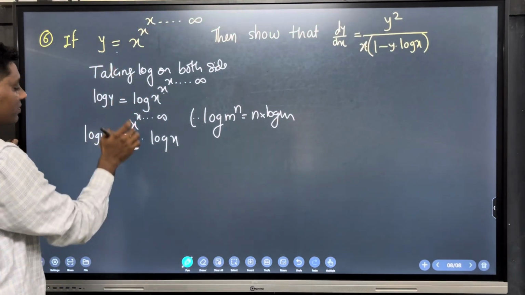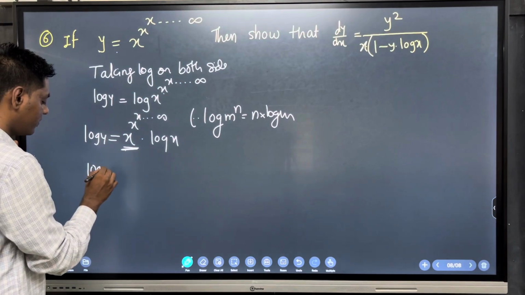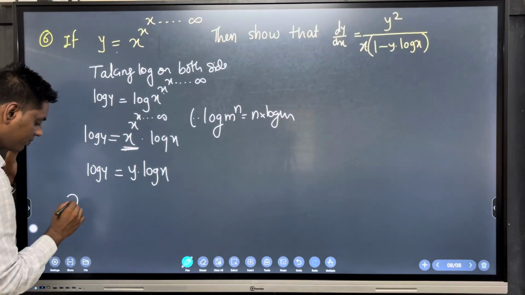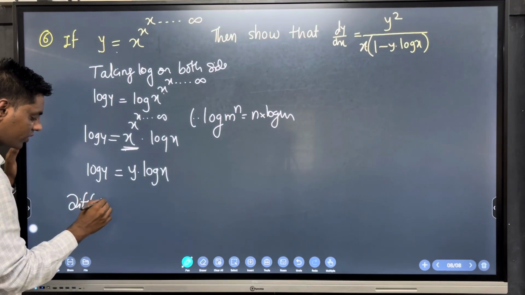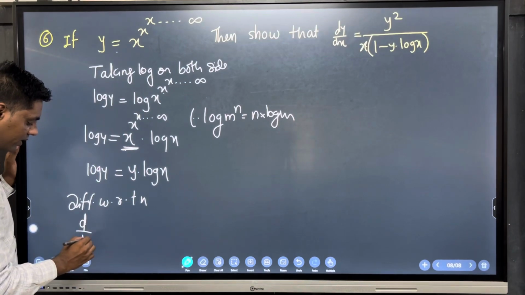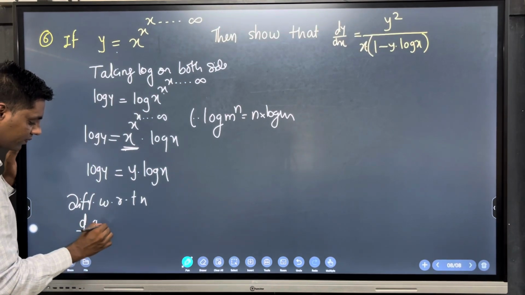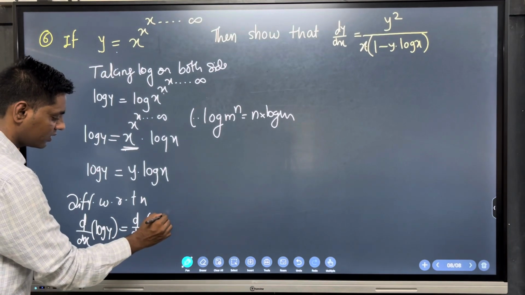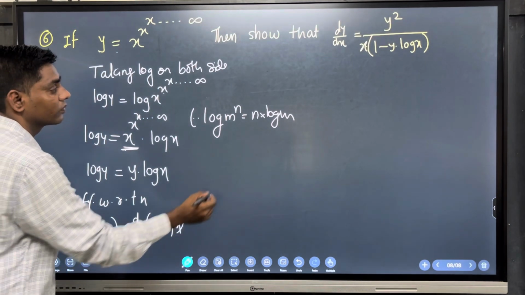So replace this by y. We get log of y equal to y into log of x, and simply differentiate this with respect to x. Apply d by dx on both sides, and just remember the derivative formulas, so you can get the final answer.